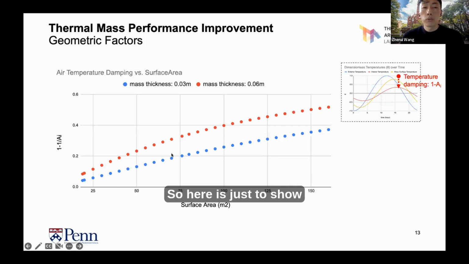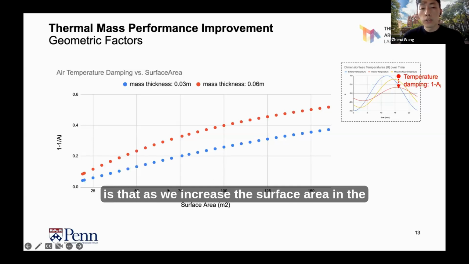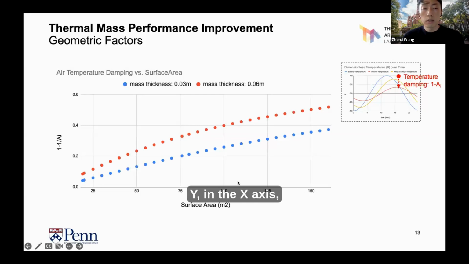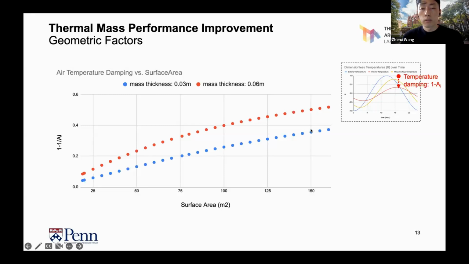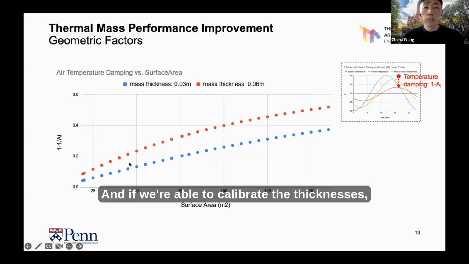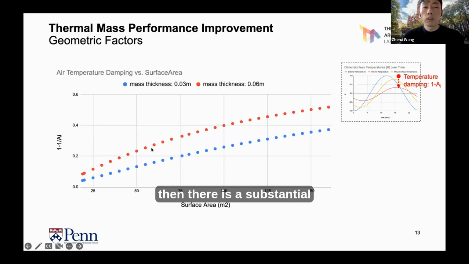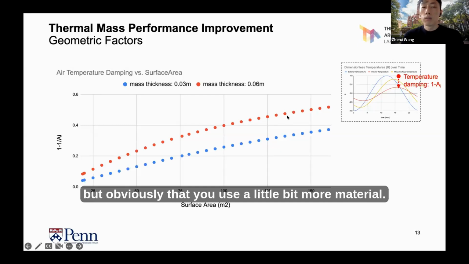Here is the general principle: as we increase the surface area on the x-axis, we see a proportional increase in the temperature damping on the y-axis. And if we calibrate the thicknesses, then there is a substantial improvement in temperature damping, but obviously you use a little bit more material.